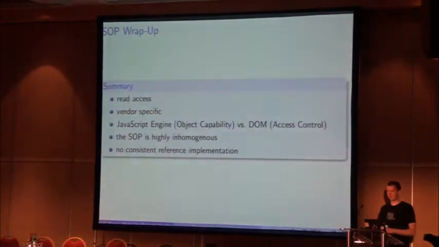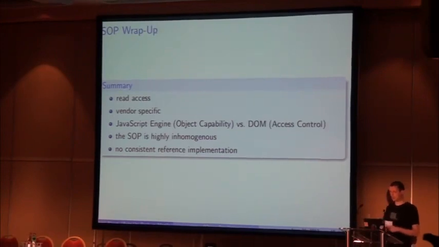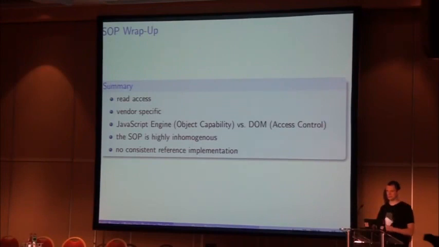The same origin policy is mainly about read access. It's highly vendor specific. Every browser implements something in its origin policy, JavaScript API things, and everybody of course does it differently. We remember it comes from 1996, the browser wars. Everybody was doing something else to be competitive and new and shiny. So every vendor basically has its own version of the same origin policy.